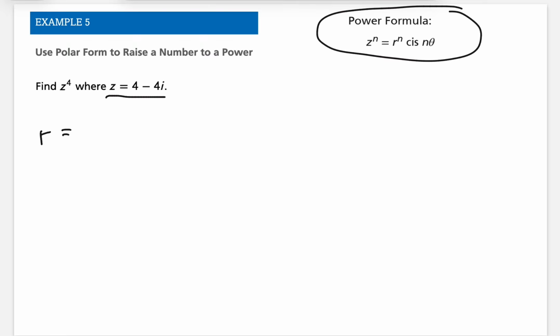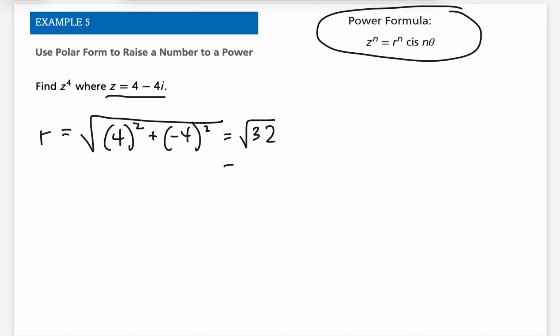So to find r, we're going to take the square root of 4 squared plus negative 4 squared. And so that is 16 plus 16, 32. So if we take the square root of 32, we can simplify that to 4 square root of 2.